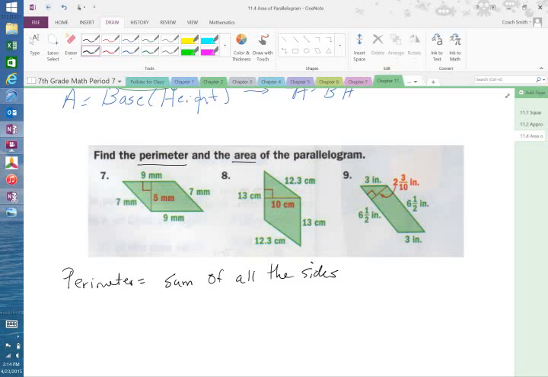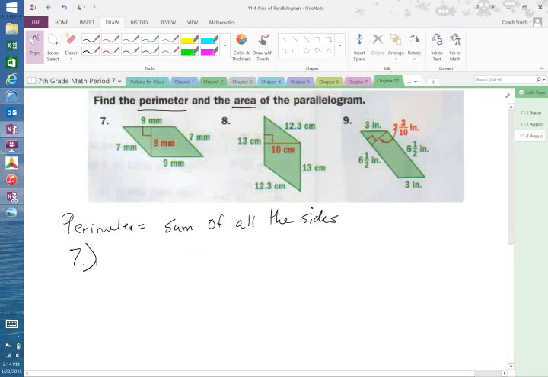Okay, so if we look at number 7 then, number 7 gives us a parallelogram, and the sides are 9, 7, 9, and 7. So to figure the perimeter, it would be equal to 9 millimeters plus 7 millimeters plus 9 millimeters plus 7 millimeters.